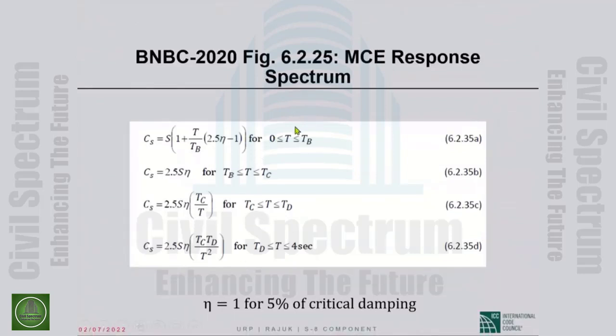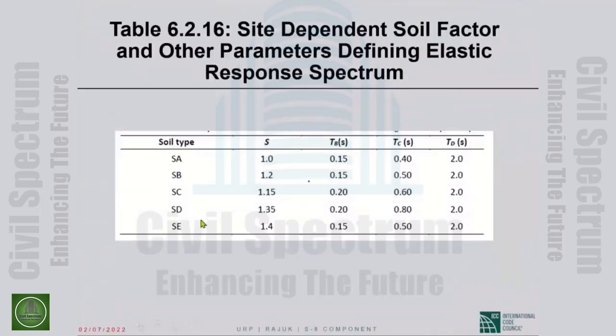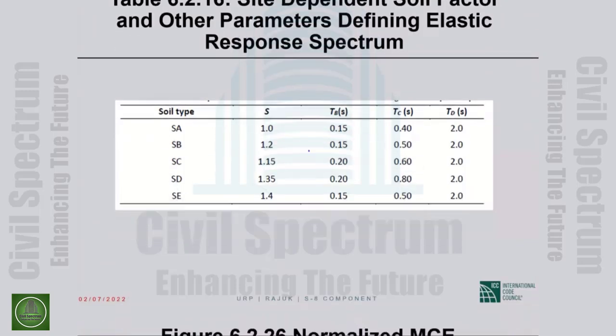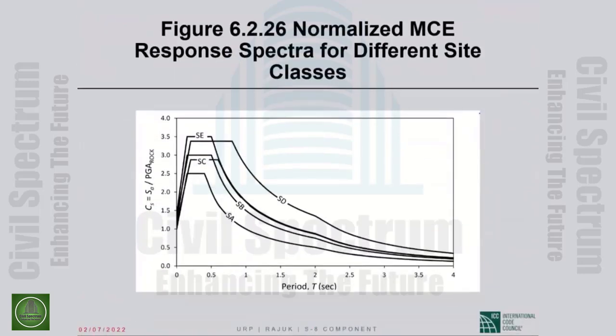These are the equations of the various branches of that generalized spectral shape, and this table gives us the numbers to go into those formulas for various site classes and so forth. So when we put the values in the table into the equations, we get the spectra for the various site classes, and this is what they look like. So this is what we are dealing with in BNBC 2020.